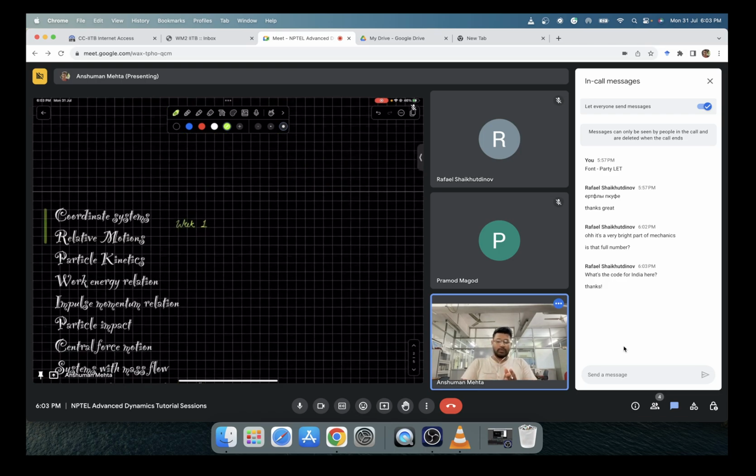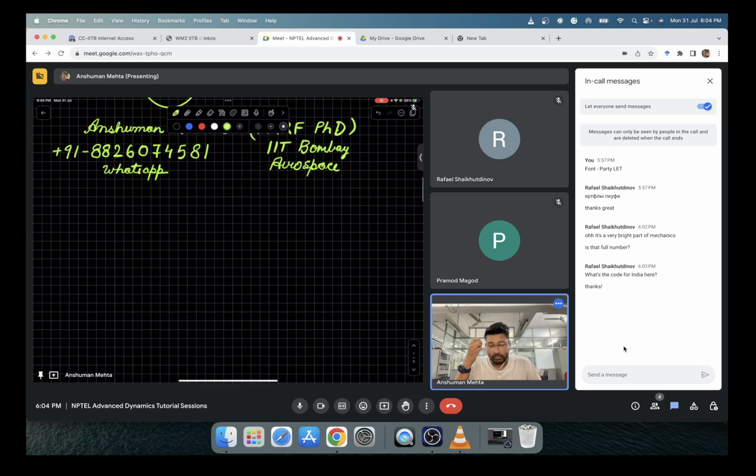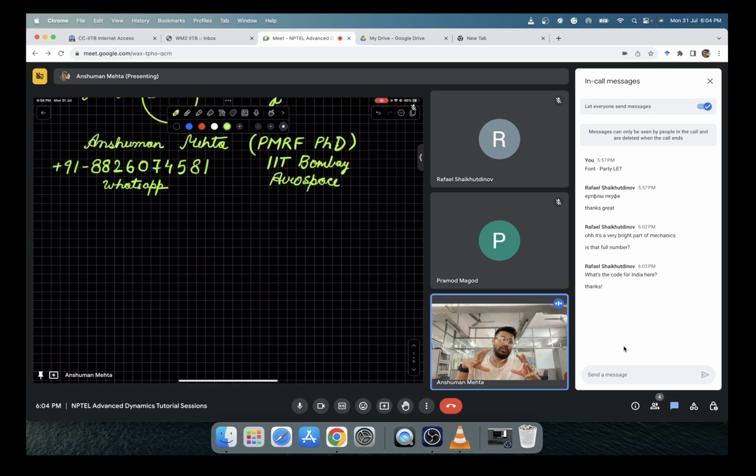So yes, this course is a little more advanced than dynamics. In dynamics, we used to cover what kinematics is, and then how we can convert everything into kinetics and find the forces. A similar thing we have to do here, but with a lot more complexity. The complexity comes from the motion, how things are moving, because now we are talking about multi-body systems.